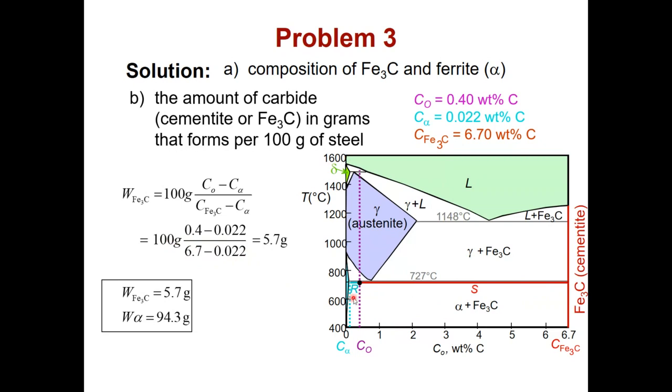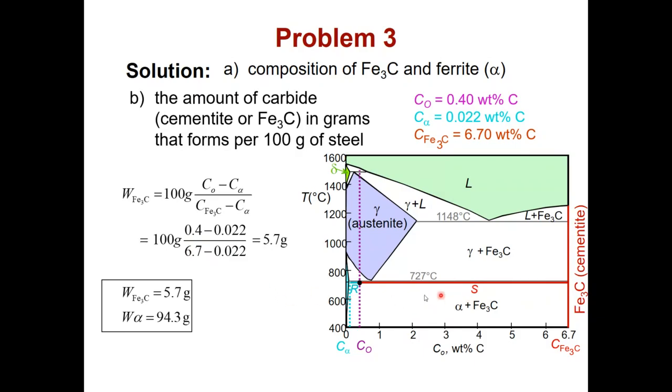And then we've got to compute the length of the line from the R portion of it and also the S portion of it. As we have the figures of 6.7 indicating the end of the line, up to composition C0, which is 0.4, and up to this point, which is 0.022, we can easily compute the S portion and R portion of the tie line.